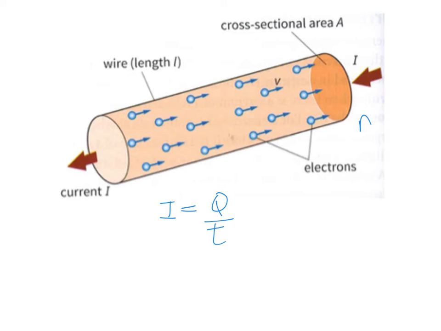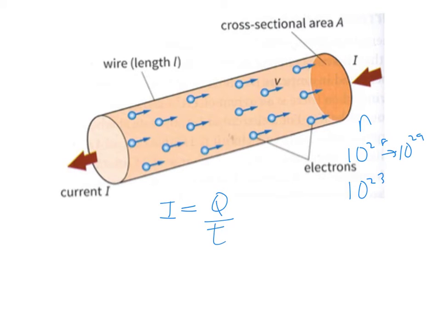For conductors, N is between 10 to the power of 28 and 10 to the power of 29 electrons per meter cube. That is the number of electrons we have in 1 meter cube. But for semiconductors, it's about 10 to the power of 23 only. So semiconductors have much smaller number densities than conductors.